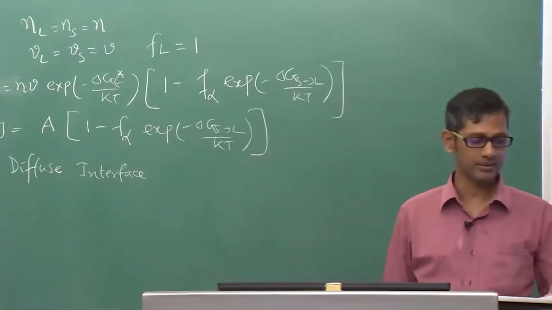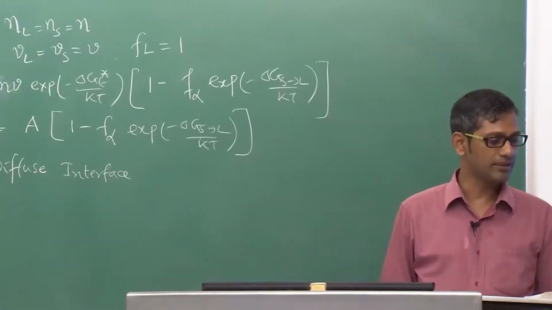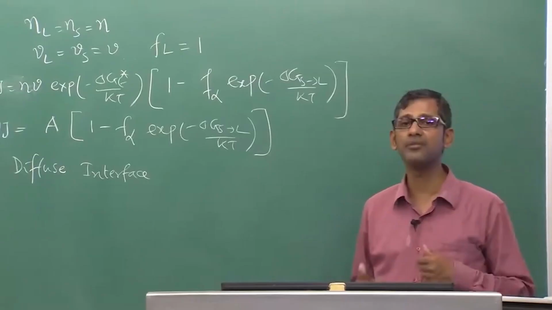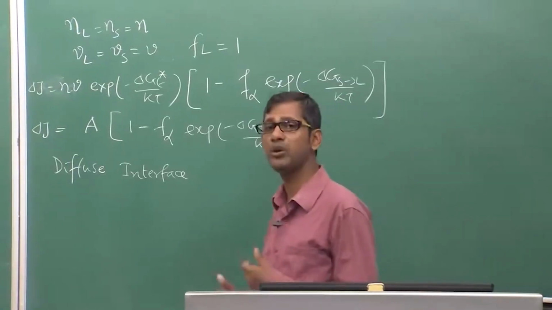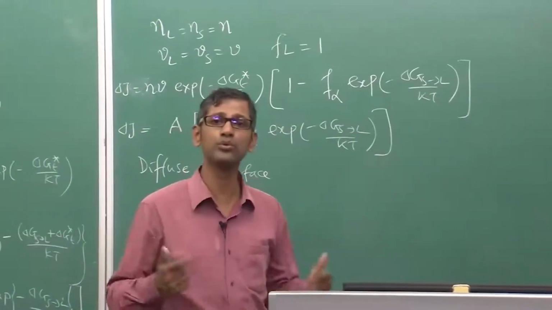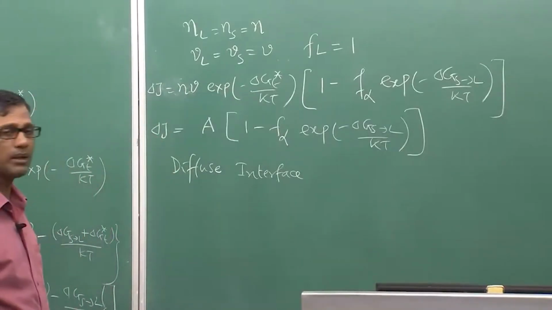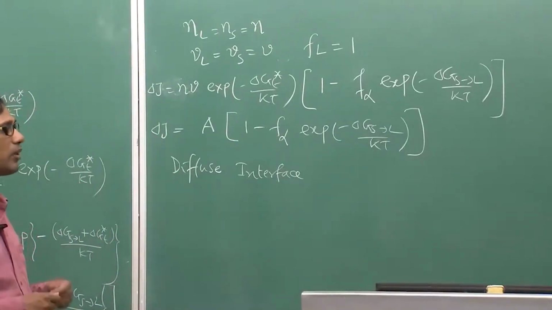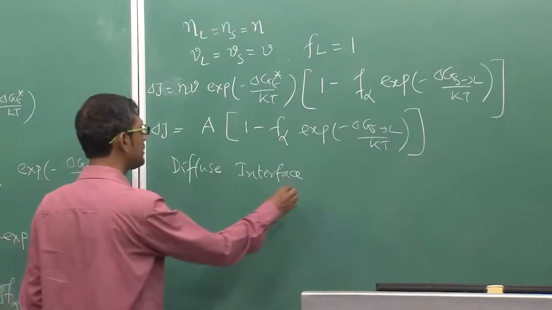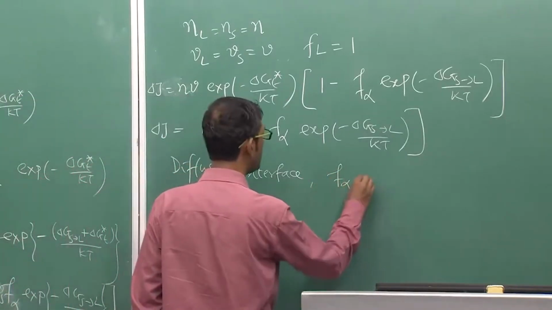Why is F alpha taken to be 1? It will not be exactly 1 but it will be very high. The fraction will be close to 1 because you have a large number of sites available for it to go and sit there. So you can make these assumptions. For a diffuse interface F alpha can be 1.